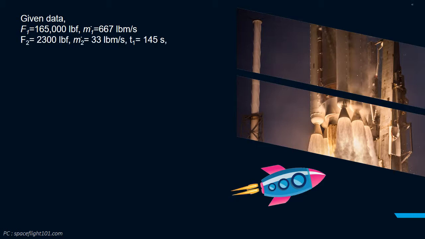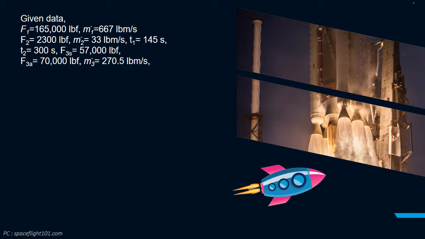Here, the two boosters' turbine produce exhaust gas, which adds an extra thrust F2 of 2,300 pound-force at a mass flow rate m dot 2 of 33 pound-mass per second. First stage lasts for 145 seconds. Take this as T1, and then the booster engines are dropped from the missile.